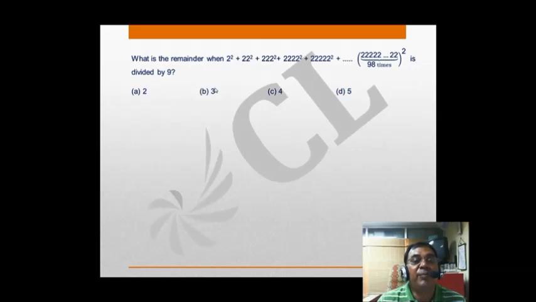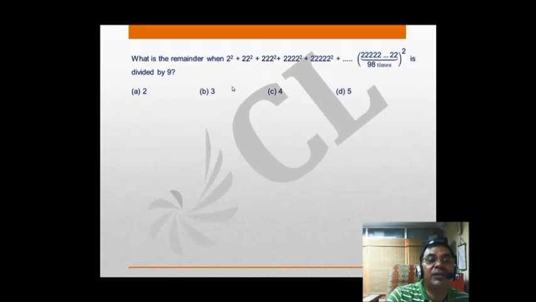What is the remainder when 2 square plus 22 square plus 222 square plus 2222 square is divided by 9? This is a case of cyclicity. Somehow this is an advantage to me because I have done some questions like this. I just take out, if you just take out, what should you take out?